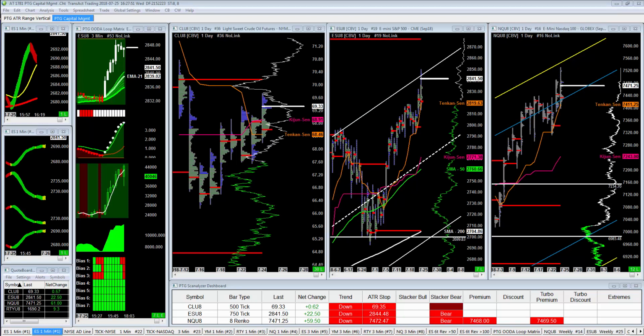Okay. The section down below where you see this squiggly line, this is what we call our advanced decline sync. Now, this measures the market internals, advanced decline line, up and down volume ratios, etc. And it displays them in a way where if you think about inhaling and exhaling in breath.